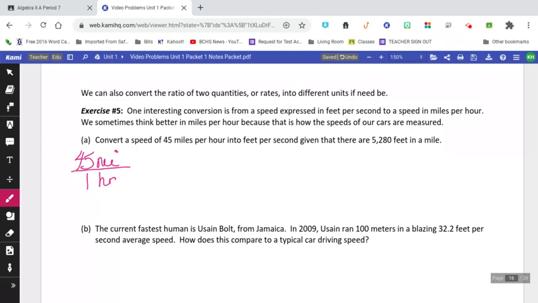So basically, we're going to have to do 2 conversions. Let's not worry about the hours right now. Let's just do the feet. So since there are 5,280 feet in a mile, think about where would miles have to go. They would have to go on the bottom. Feet would have to go on the top. And then we plug in 5,280 feet per 1 mile.